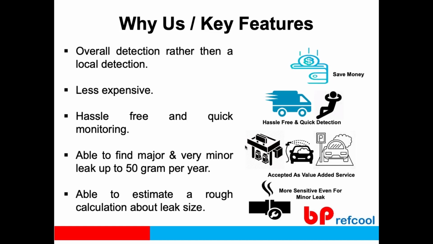And when we talk of 50 grams per year, we're not talking of any specific point, we are talking of the accumulated leak per car per year. So that means all the leaks put together, if they quantify to 50 grams per year, yes, we can detect it with this technology. And it is also able to estimate a rough calculation of the leak size, how big or small the leak is. That is the beauty of this.